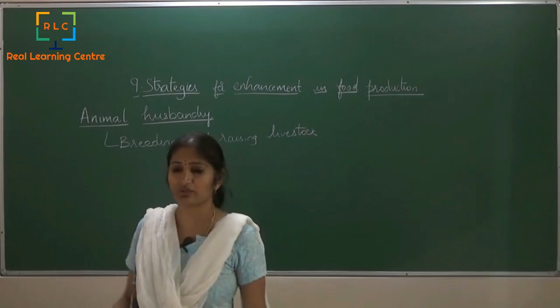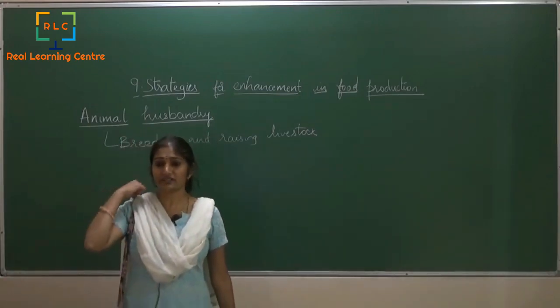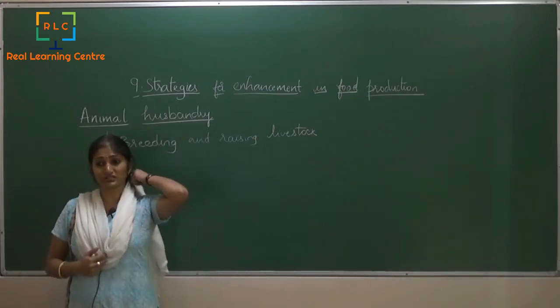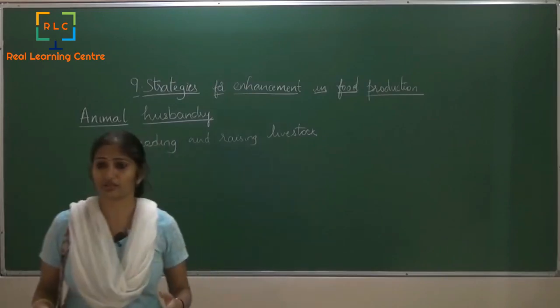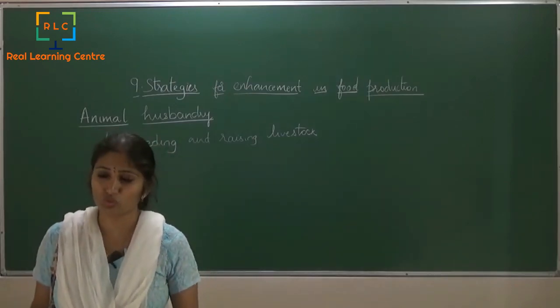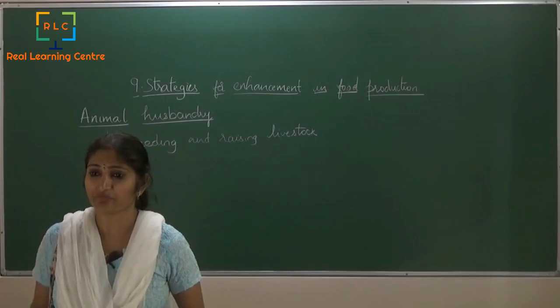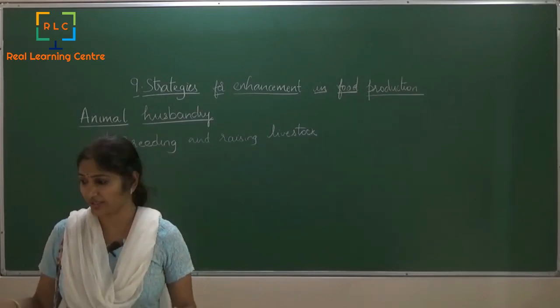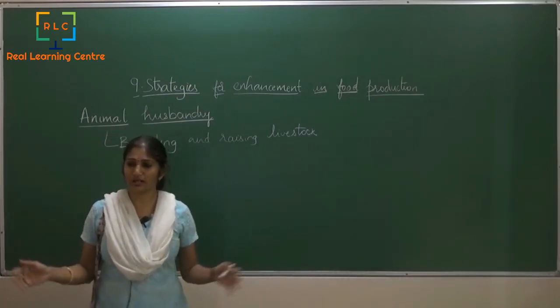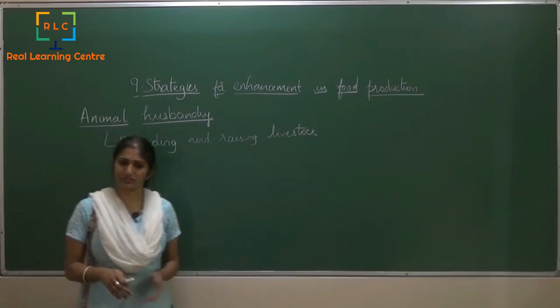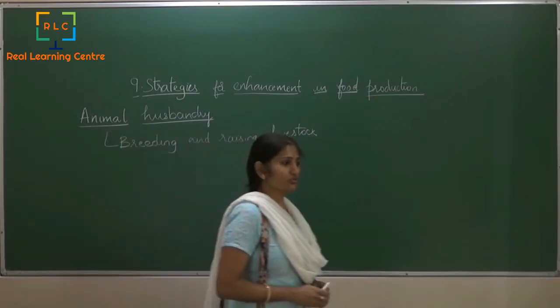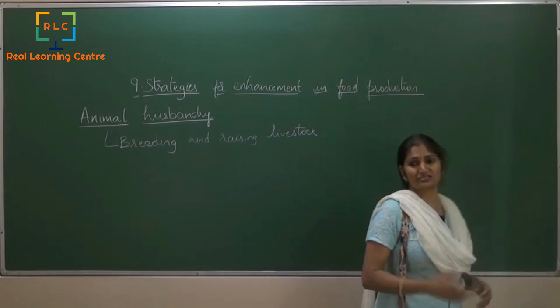He wanted some help in agriculture. At the same time, he also wanted some animal products like milk, eggs, meat, wool and silk, honey, and all that. And therefore this kind of cultivation started pretty much at the same time the agriculture practices started.